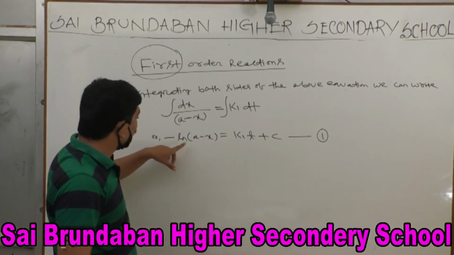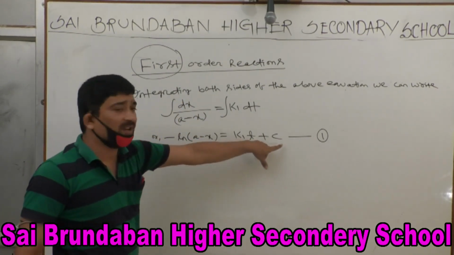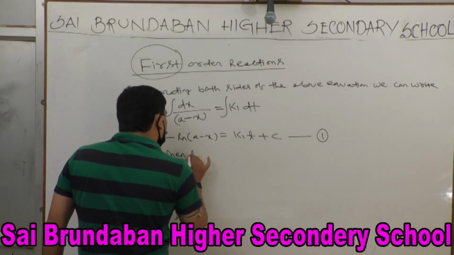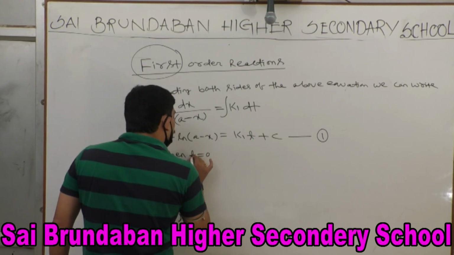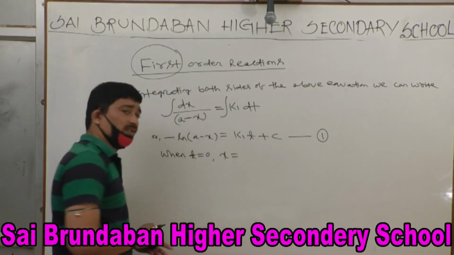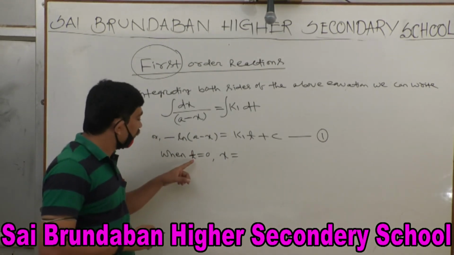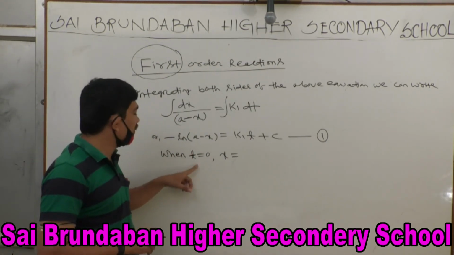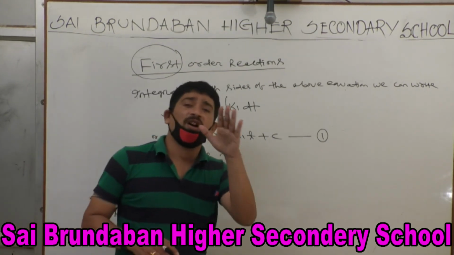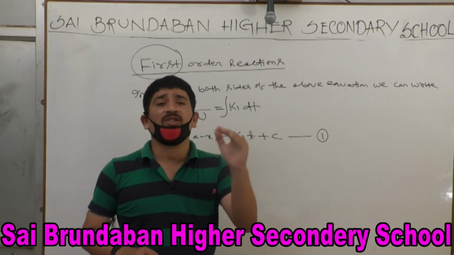Look at minus ln (A minus X) equal to K1 t plus C, where t equal to 0. Very important point: what is t? T is time. When time t equal to 0, what is x? X is the amount of product formed after some time.